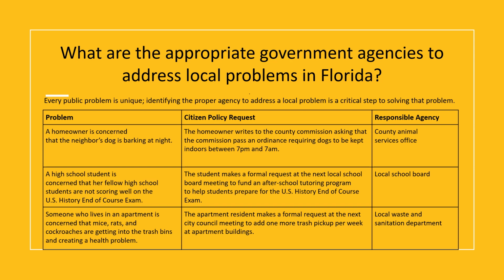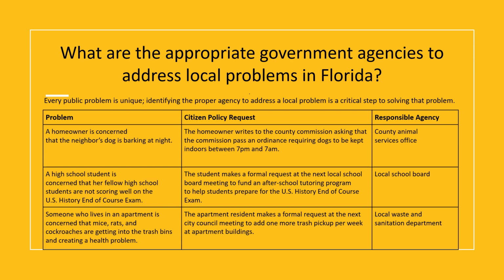This is really very important that this student is not going to the state and saying, let's lower the standards to get the pass rate up. Instead, let's get more information to these students so that they will do better. And one of the ways to do that is to form an after-school program. So here's a student who went to the local school board looking for that help and support.